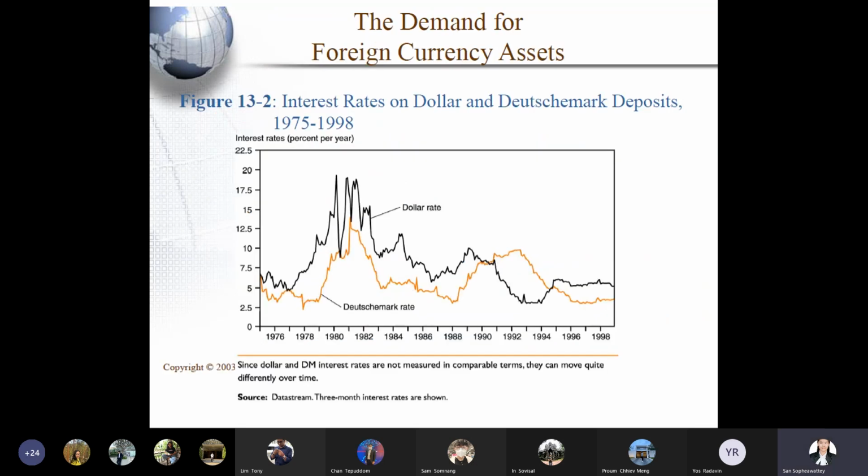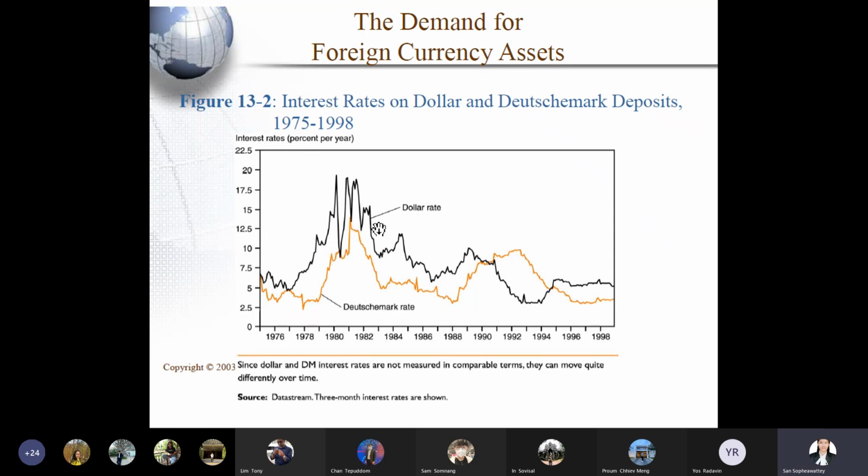This is a graph showing just an example of interest rates on dollar and, sorry, on Dutch mark deposits. The dollar rate is the black line and the Dutch mark rate is the yellow line. You can see this is the interest rate.